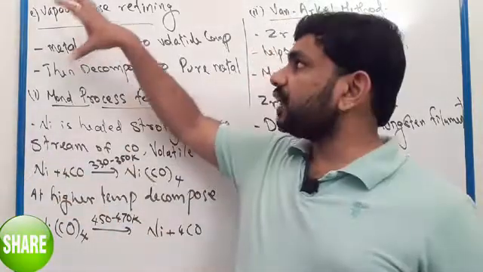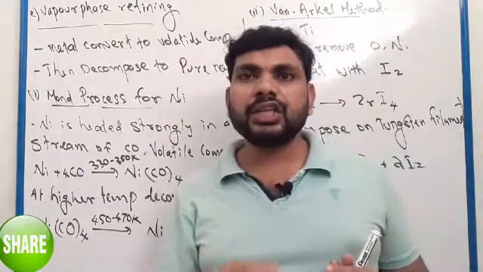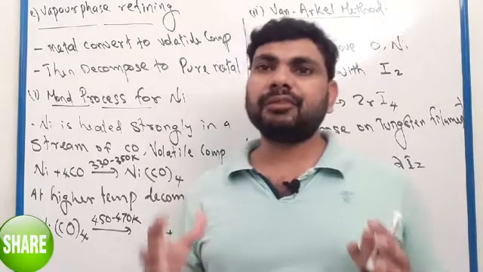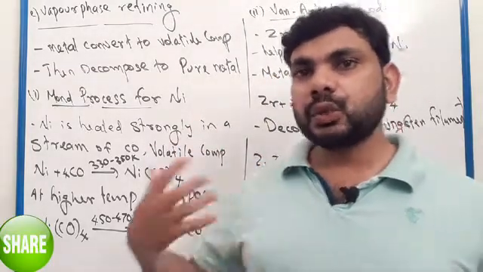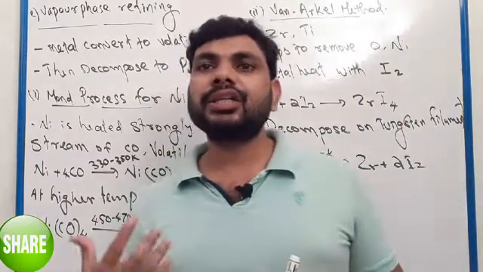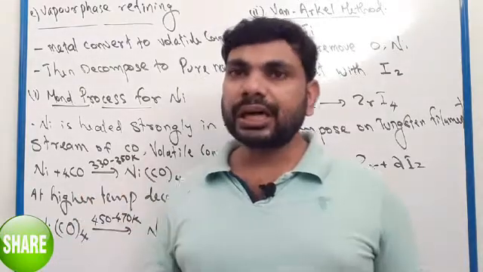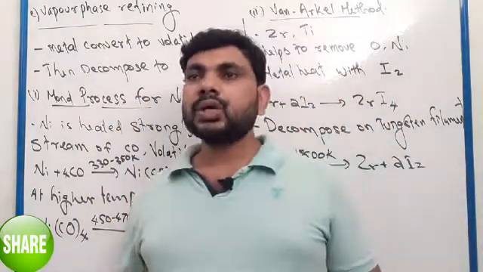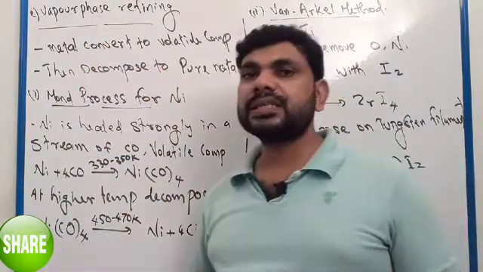Vapor phase refining means the metal will be heated with another suitable compound and it will change to a volatile compound. Then this volatile compound, after strong heating, will decompose. These are the 2 steps involved in vapor phase refining.